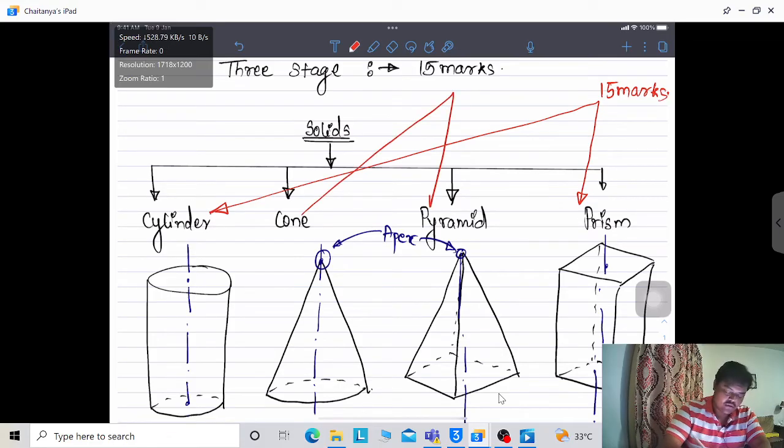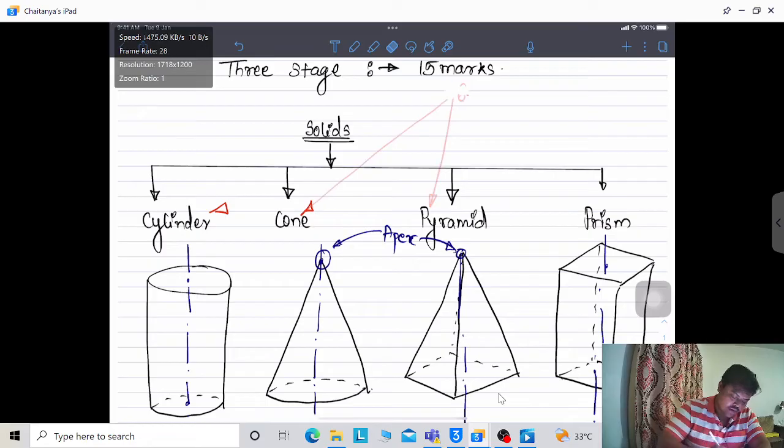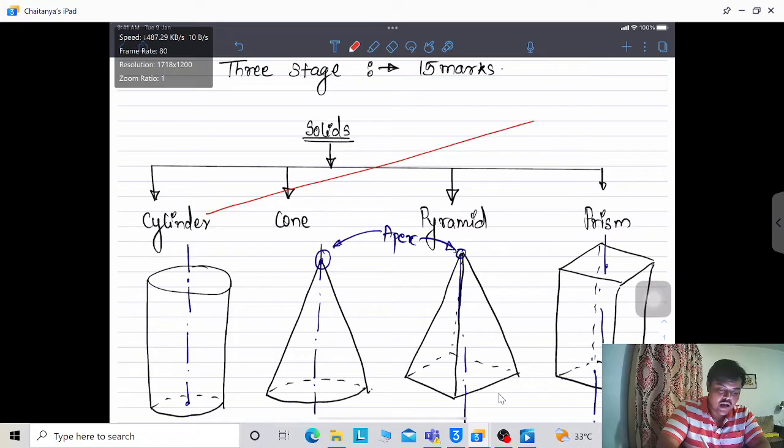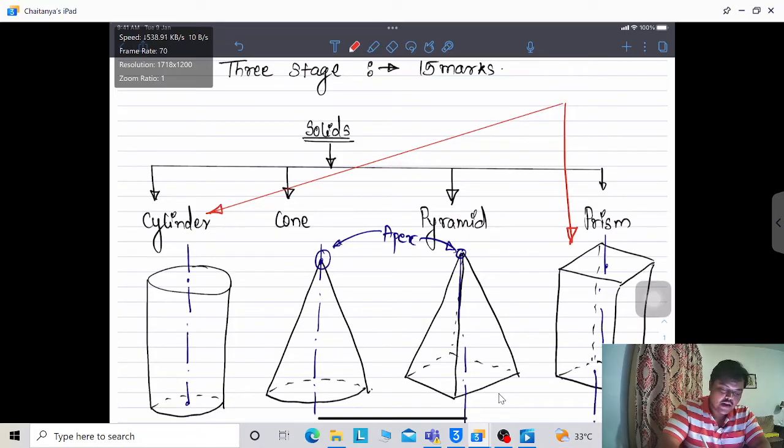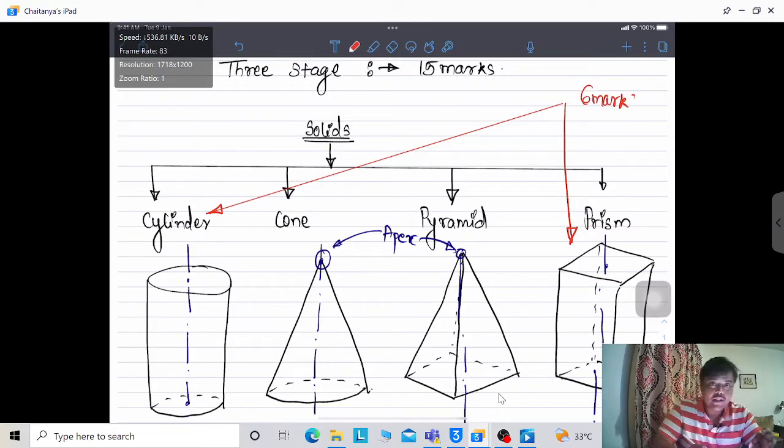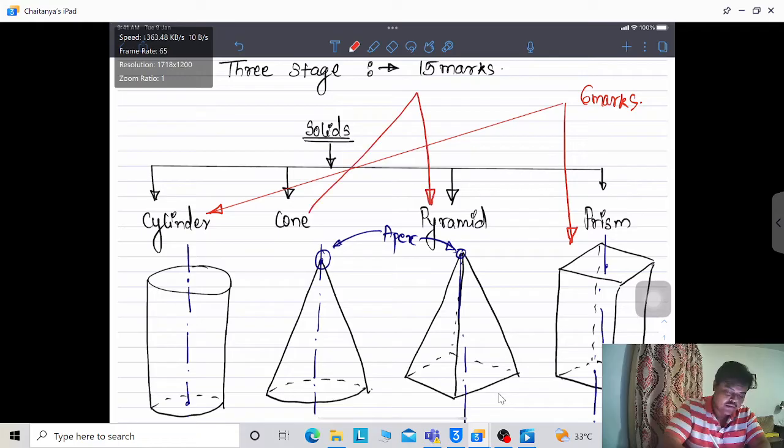Sorry, my bad, I'll rectify that. When you're concerned with cylinder and prism, this is asked for 6 marks. And when you're concerned with cone and pyramid, the ones with an apex, this is asked for 15 marks. So the total weightage, 15 plus 6, is 21 marks.